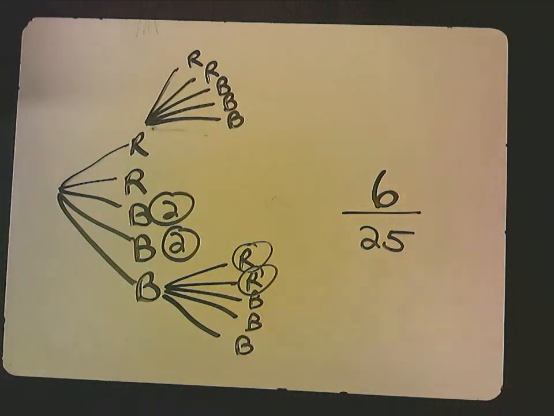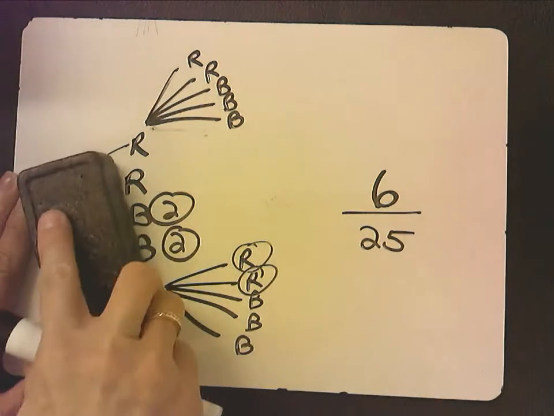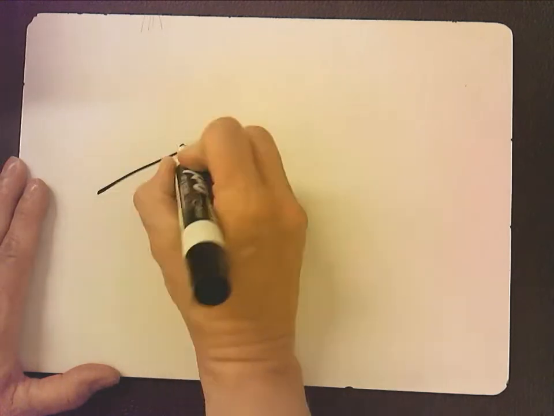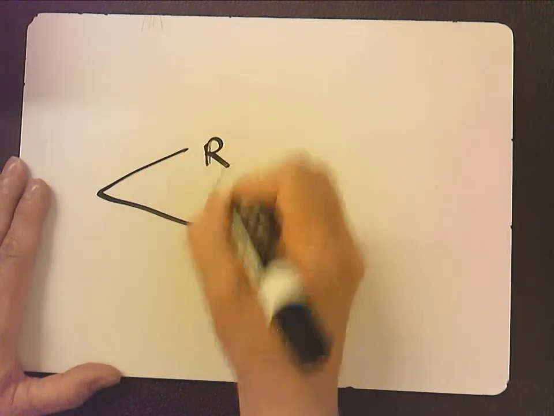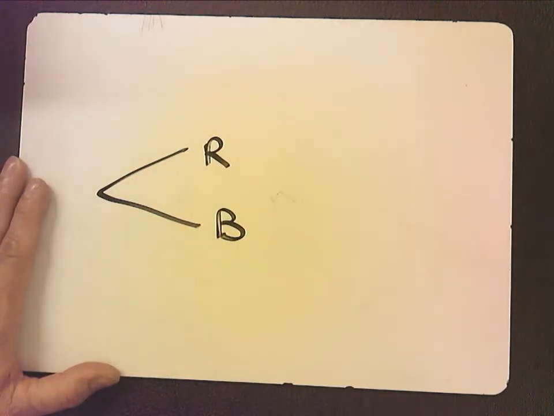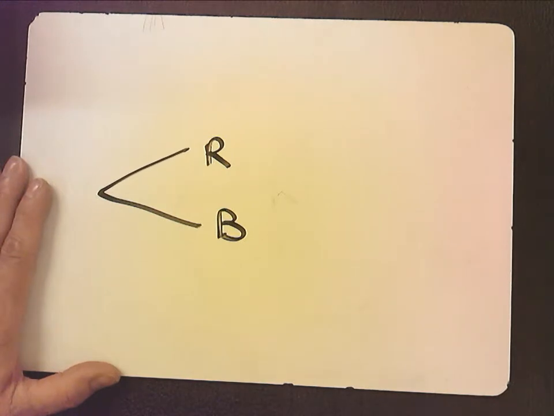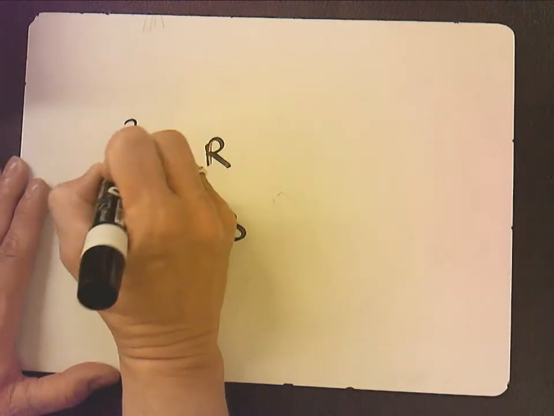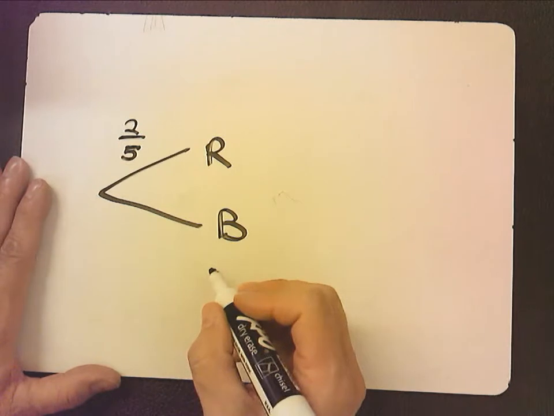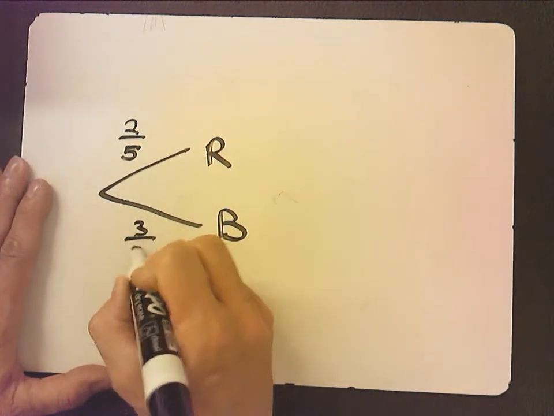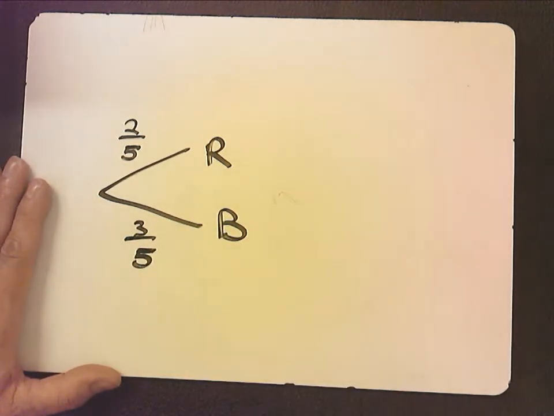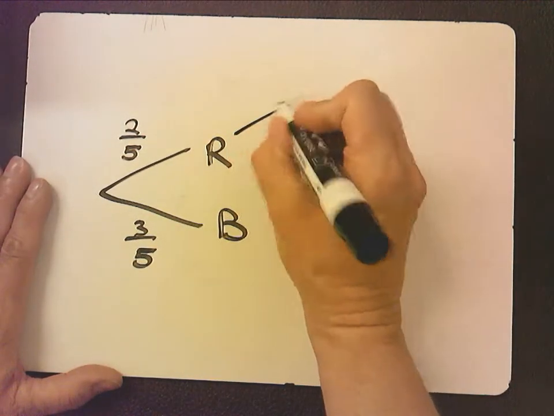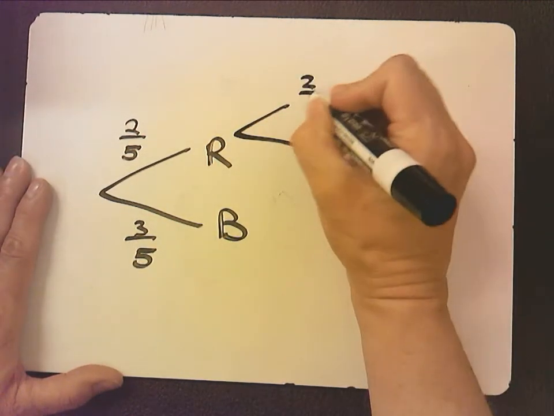Okay? Now, another way we could think about that is we're either going to get a red or a blue. What is the probability I would reach into my bag and get a red? Well, it's 2 out of 5. What's the probability I'd reach into my bag and get a blue? It's 3 out of 5. Now, I replace the marble and I reach again. What's the probability of me getting a red? 2 out of 5.